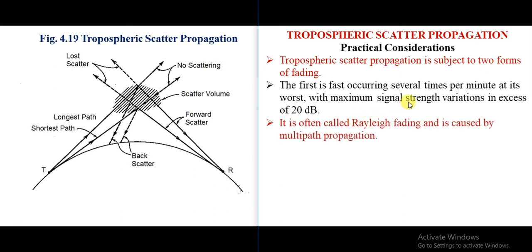So this fast fluctuation of signals is often called Rayleigh fading, and it is caused by multipath propagation. Here the scatter volume may scatter the transmitted signals within this volume a number of times, and hence the signal strength variation occurs.